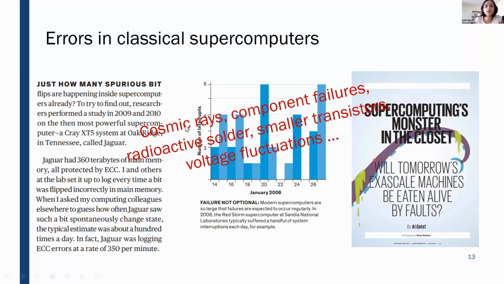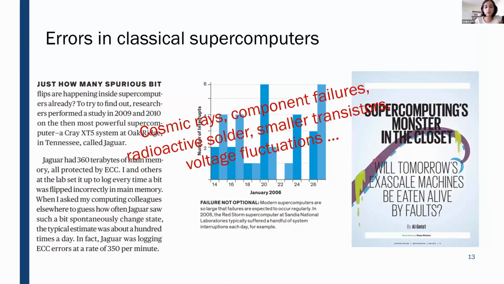There are things like cosmic rays or transistors failing or some bit of solder that's radioactive, or as transistors decrease in size, they become more prone to failing, or if there are any voltage fluctuations. So all of these problems are going to be there in exascale computers that are classical.